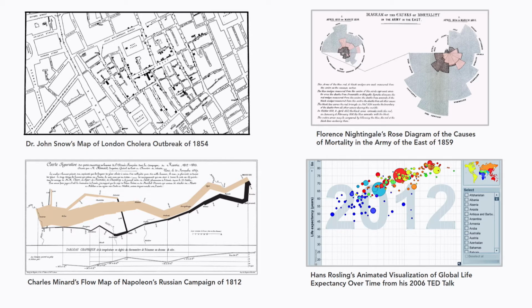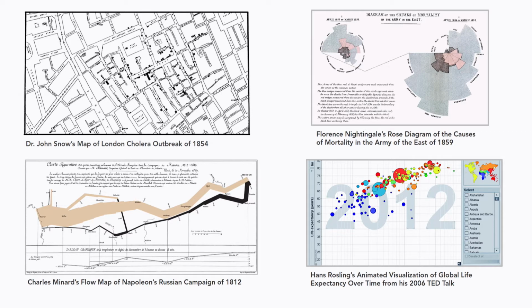So John Snow, as most of us know, was able to identify a contaminated water tap and identify the cause of a cholera outbreak. Florence Nightingale was able to show that epidemic disease was causing more deaths of British soldiers in the Crimean War than actual battle wounds.